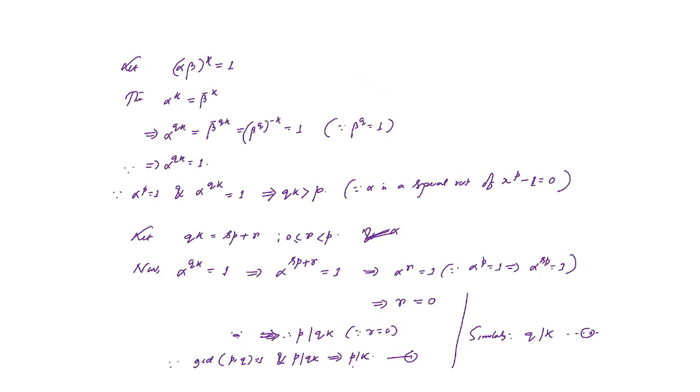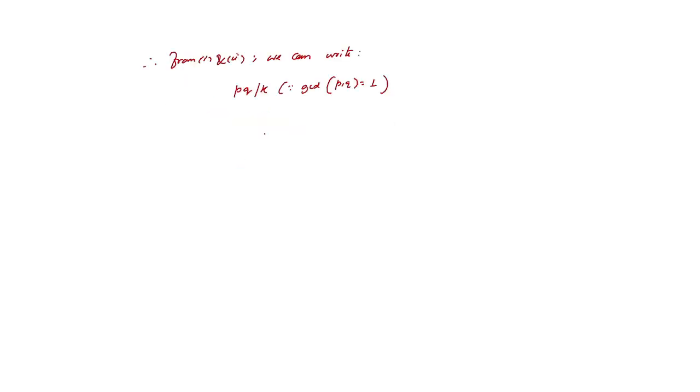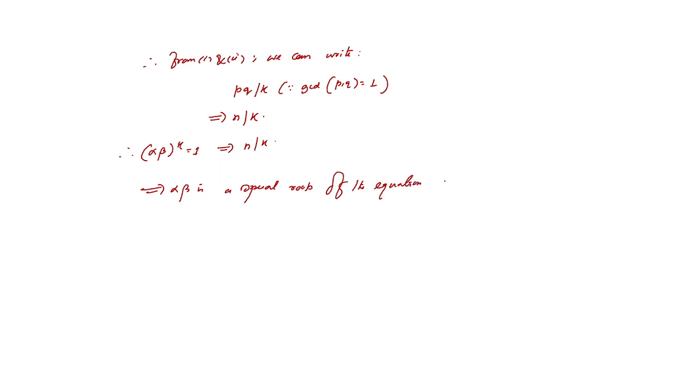As p divides k and q divides k, and GCD of p and q is 1, pq divides k. So that means n divides k. So therefore (alpha beta) to the power k equals 1 implies n divides k. And hence we can write alpha beta is a special root of the equation x to the power n minus 1 equals 0.